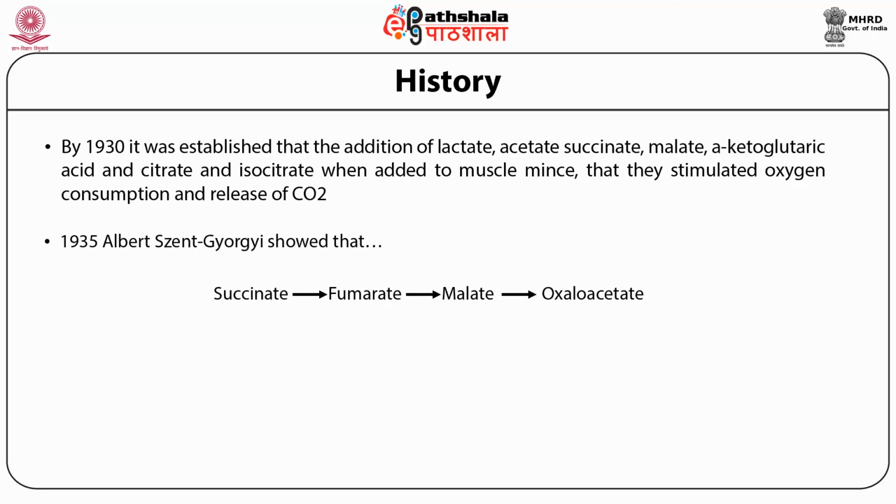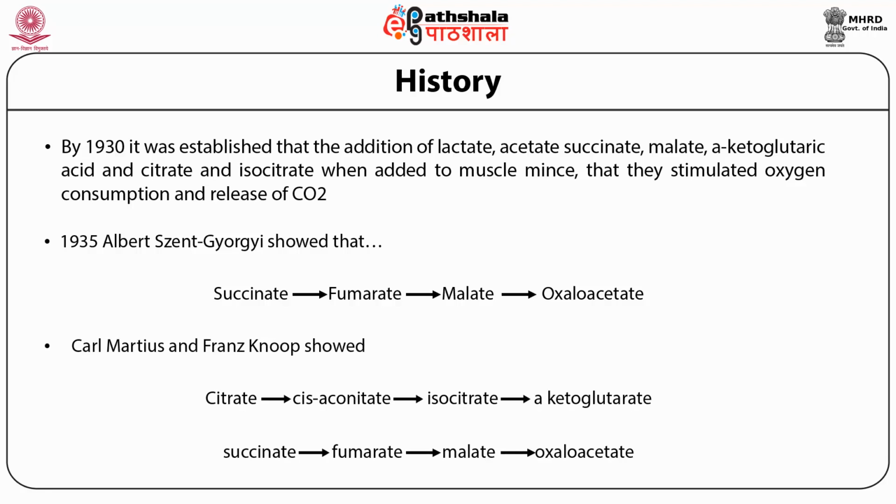In 1935, Albert Szent-Györgyi explained the conversion of succinate to fumarate, fumarate to malate, and malate to oxaloacetate.